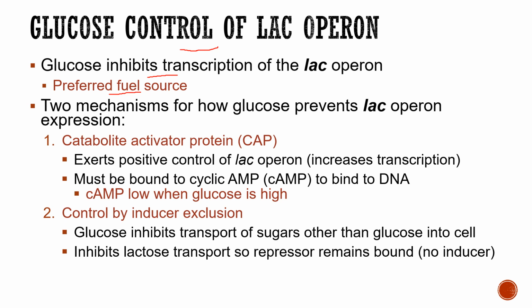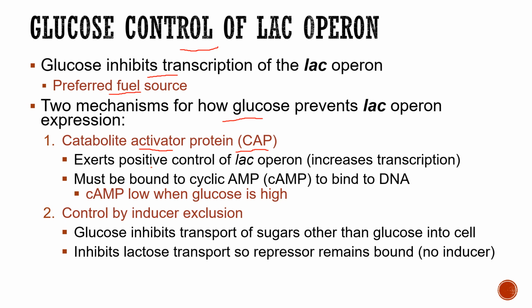There are two ways that glucose actually prevents the lac operon from being transcribed. Here it's using an activator protein. Again, this is positive regulation, where the only time you get transcription is if an activator is there. The activator here is called CAP, catabolite activator protein.